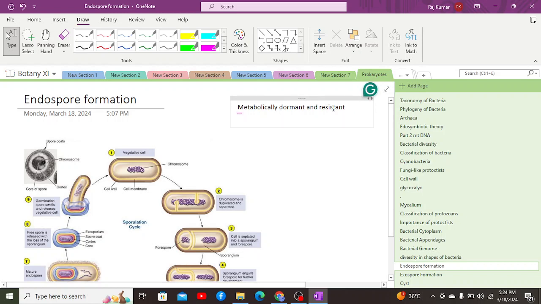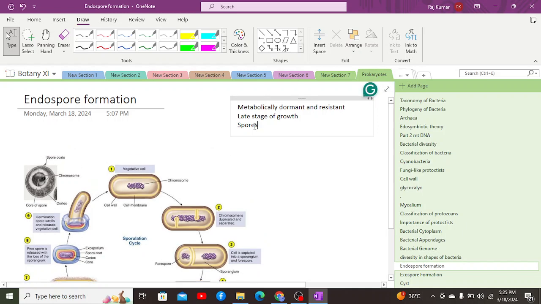These metabolically dormant or resistant bodies are formed during unfavorable circumstances of their growth, particularly during the late stage of growth, whenever there is depletion of nutrients. They tend to form metabolically dormant resistant bodies which are known as spores.